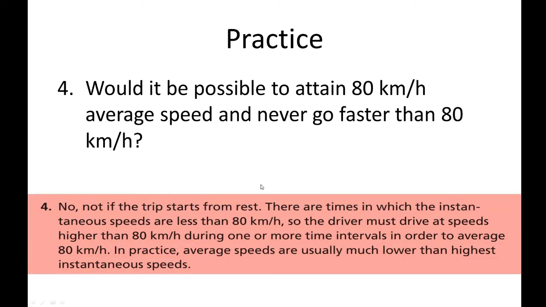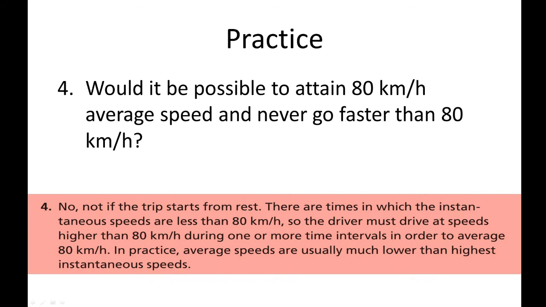So in this case, would it be possible? No, not if the trip starts from rest. There are times in which the instantaneous speeds are less than 80 km per hour. So the driver must drive at speeds higher than 80 km per hour during one or more time intervals in order to average 80 km per hour.